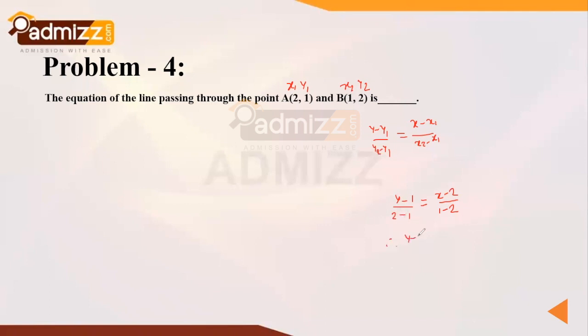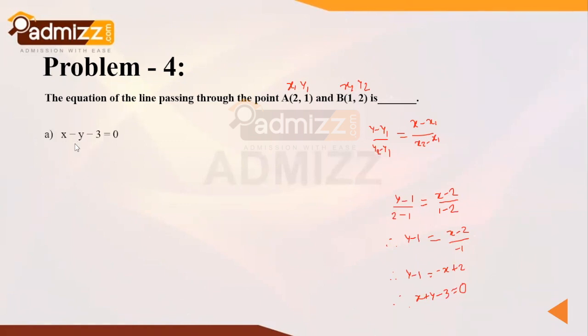So it is y minus 1 upon 1 equals x minus 2 upon minus 1. Therefore, if you apply this minus 1 into the numerator, then it turns out to be y minus 1 equals minus x plus 2. And if I bring minus x plus 2 towards the left hand side, it is x plus y minus 3 equals 0.